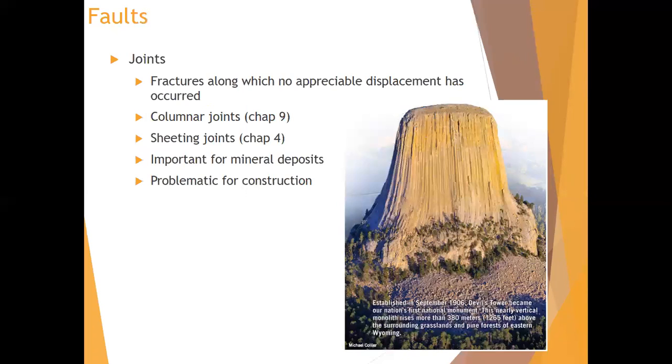This is a picture here of Devil's Tower. Devil's Tower is 1,265 feet above the surrounding grassland and pine forest in Wyoming. It is a columnar joint. It was actually the nation's first national monument, established in 1906.